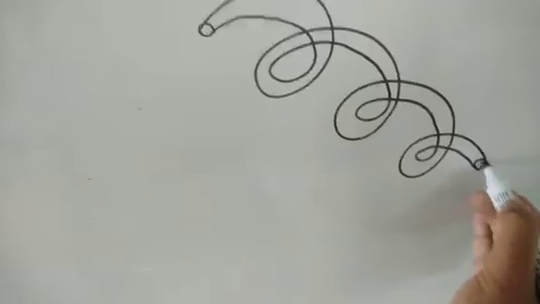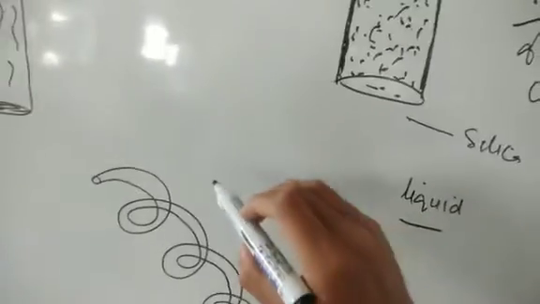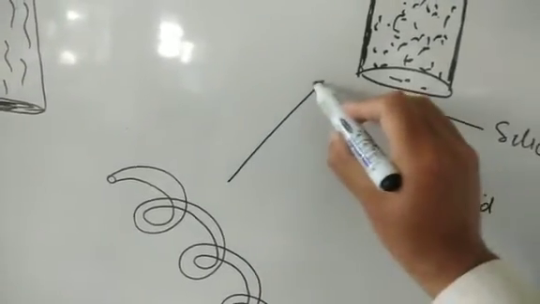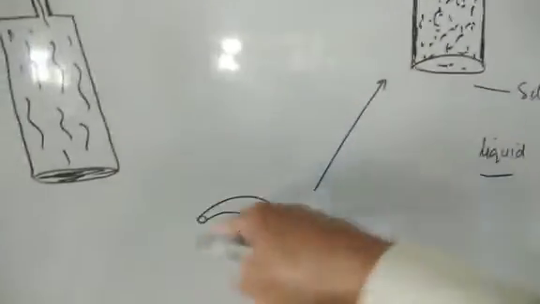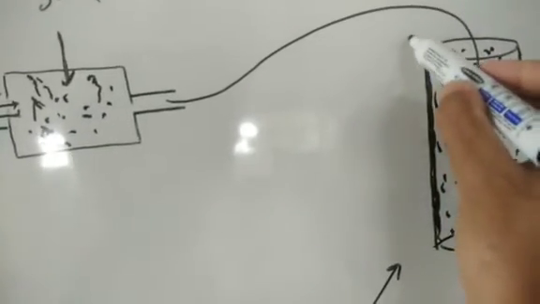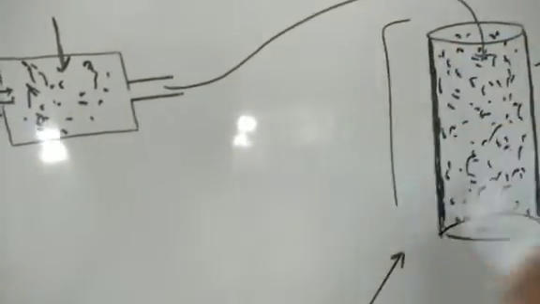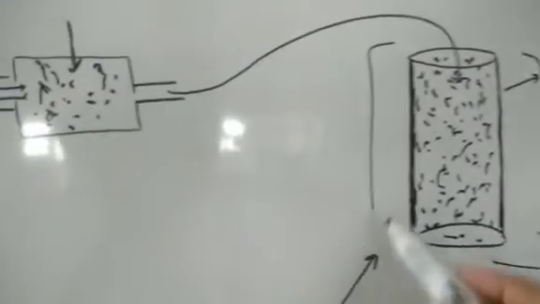Now from this tube, I'm trying to show a fragment of that for simplification. It passes through the tube type column, and the temperature around this column is very high. It's basically inside some oven type of structure.